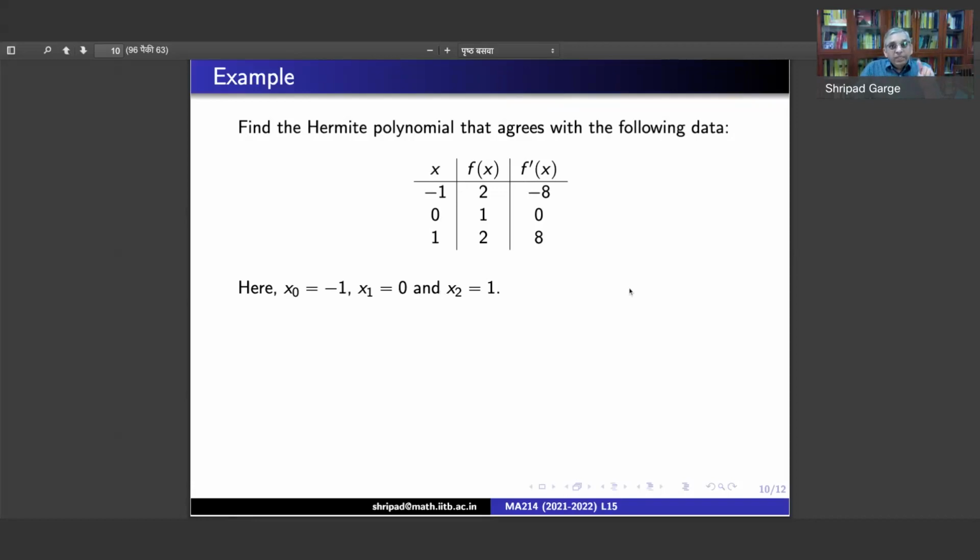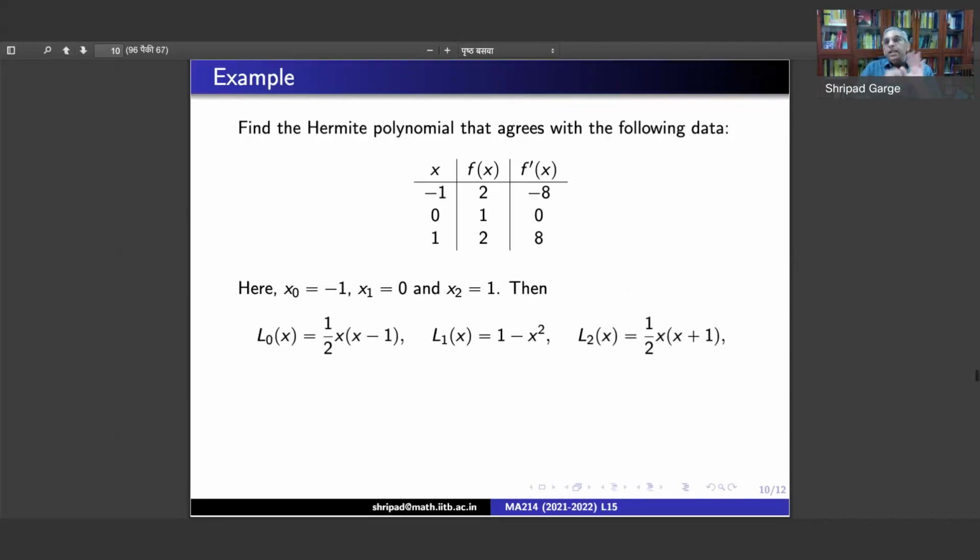We should compute the Lagrange polynomials first. So we compute the Lagrange polynomials L0, L1 and L2. Let's verify L0 by computing its values on x0, x1 and x2. x1 is 0 and you have x here, so this value on x1 is 0, and x2 is 1, so this linear factor x minus 1 will tell you that L0 of x2 is 0.